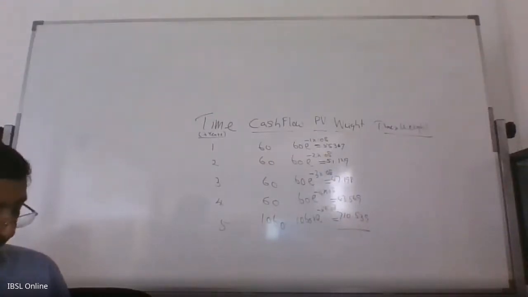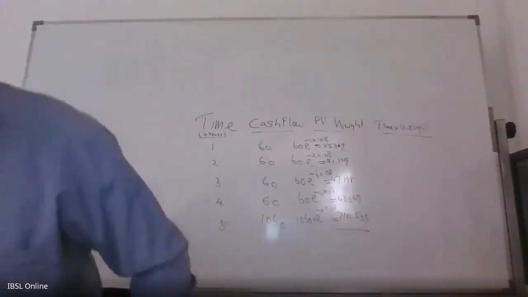Third year's present value is 47.198. 55.387 plus 51.129 plus 47.198 plus 43.569 plus 710.539. That comes to 907.822.